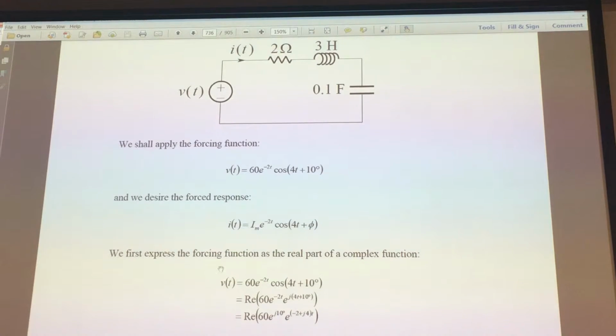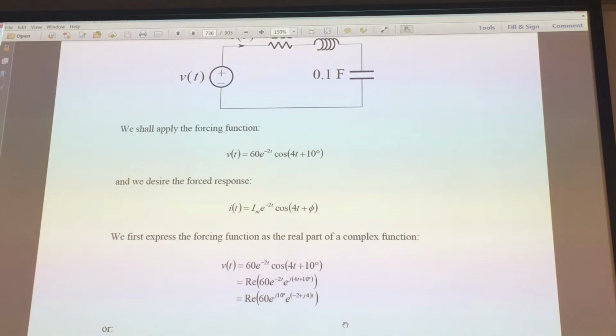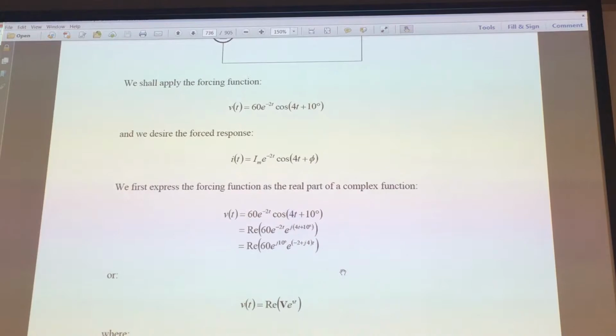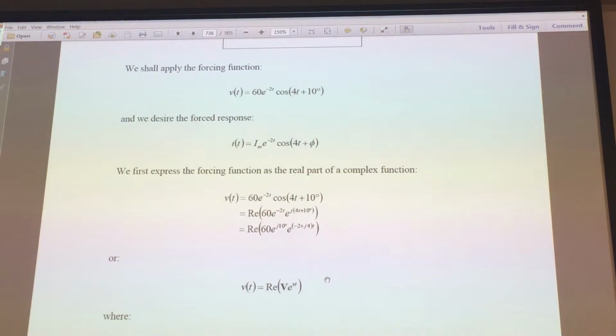So this is the forcing function, it can be expressed like that. Here we use Euler's formula, when the cos function is expressed as a sum of exponential functions with the imaginary exponent. Take just the real part, and this is exactly what our forcing function looks like.